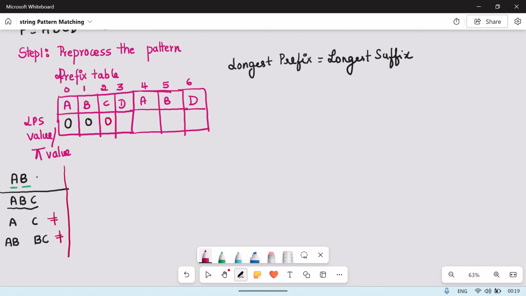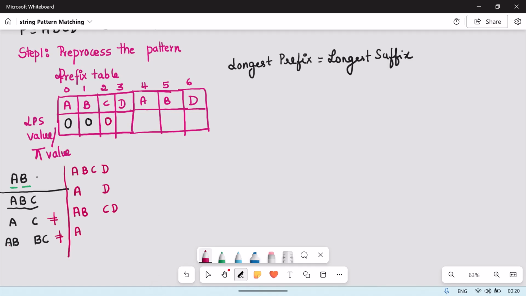Likewise, you will have to do for A, B, C and D. Now again you take one character at a time. So first you can take A and then D. One character from the left, one character from the right. Now take two characters at a time. So A and B from the left, from the right it is C and D. Next you take 3 characters at a time.